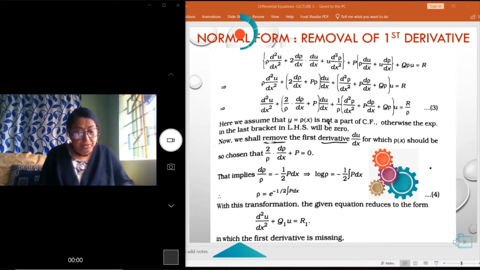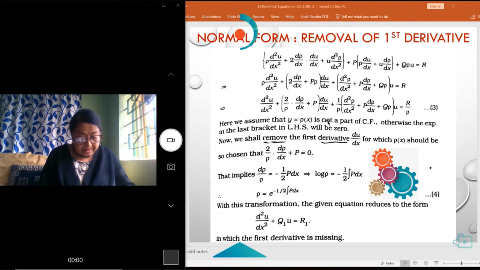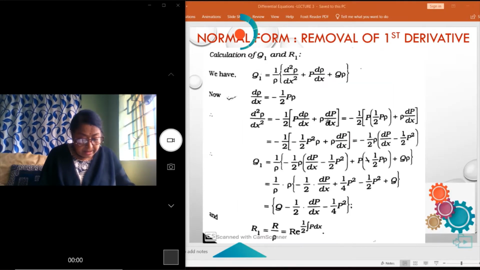So after putting this equal to 0, we get d2u/dx² + 0 + q1 u = r1, where q1 and r1 are as written. Now we get dρ/dx = -½ p ρ. Again, differentiating with respect to x, we get the values seen on your screen.